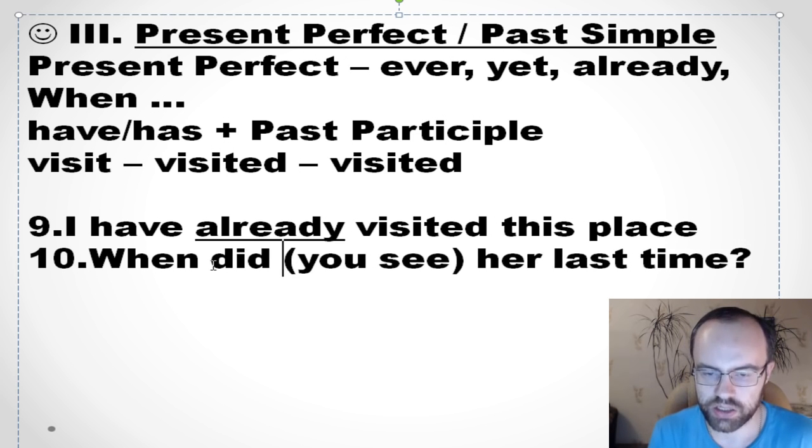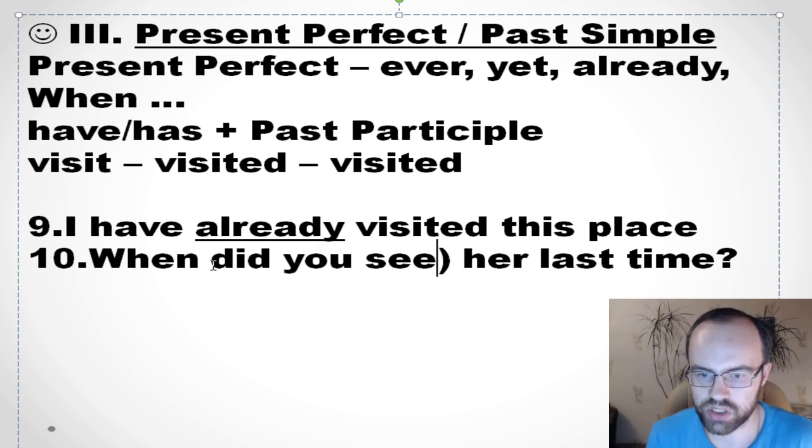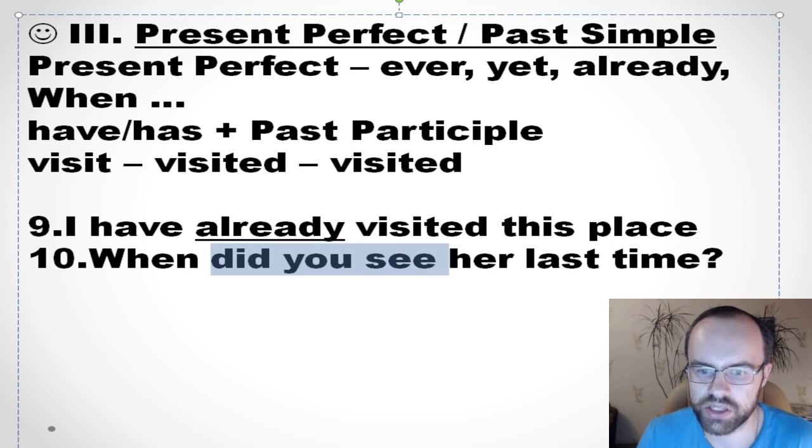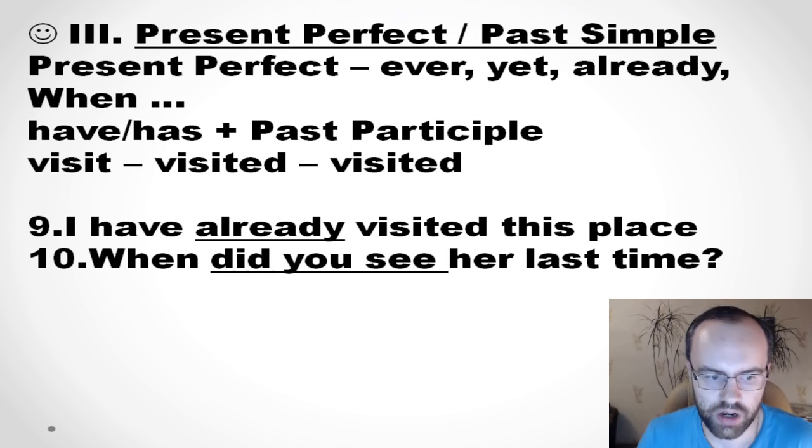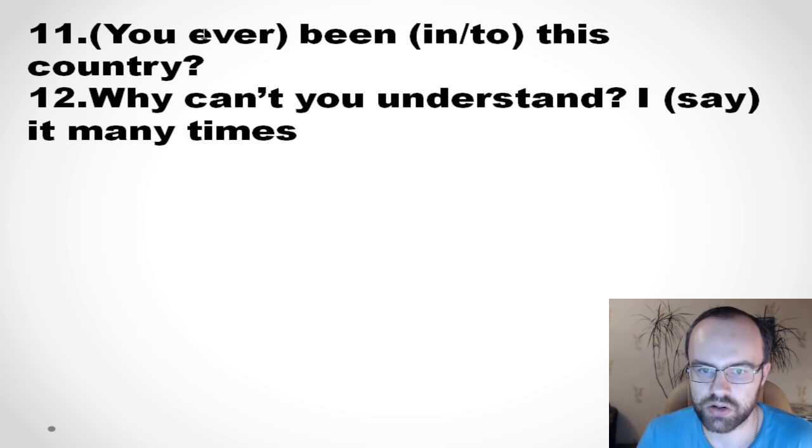So when did you see her last time? When did you see her last time? Okay, well done. Okay, more practice for you. So it's also a question. Have you ever been to this country? Okay.